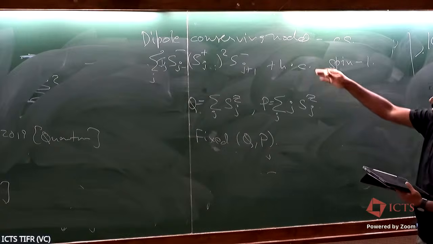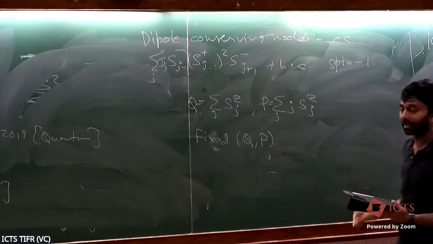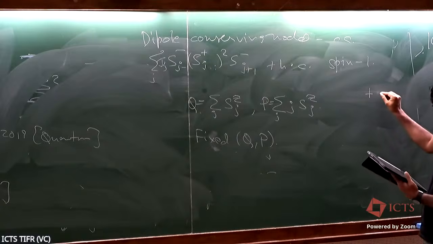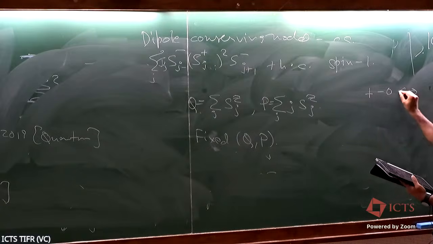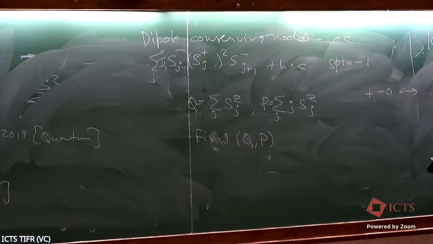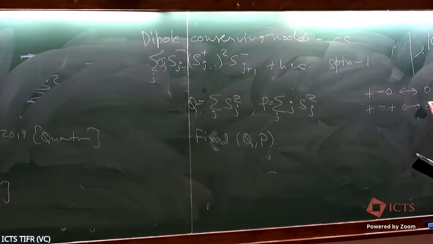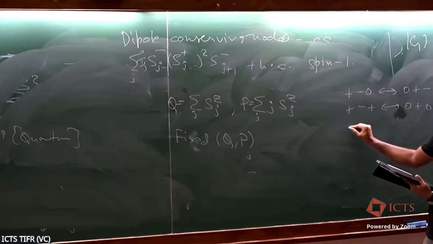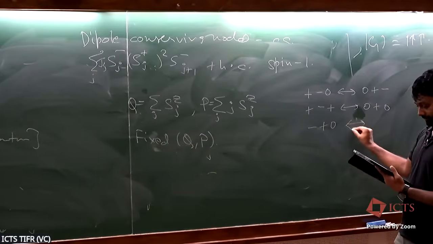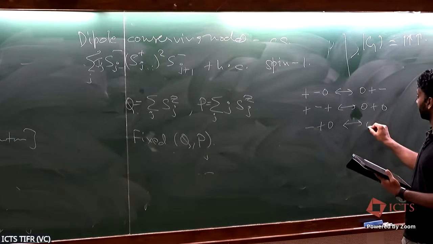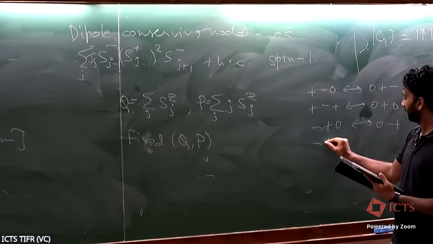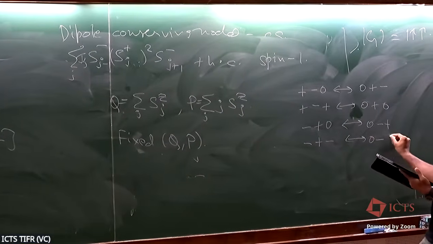If you just write down what these terms are doing, this is a spin-1 Hamiltonian, and the transitions allowed are: plus minus plus goes to 0 plus 0, minus plus 0 goes to 0 minus plus, and minus plus minus goes to 0 minus 0.